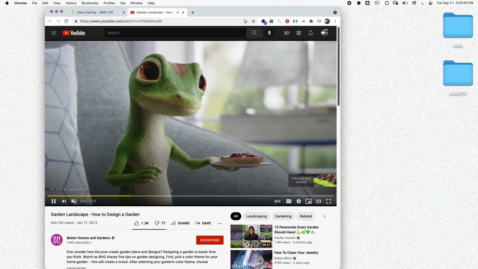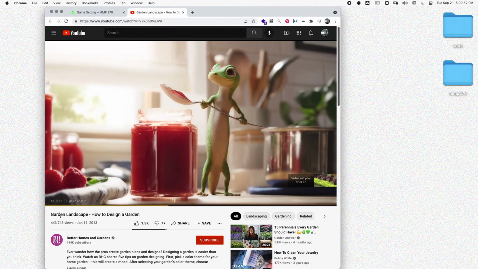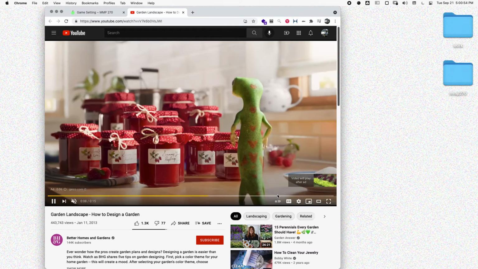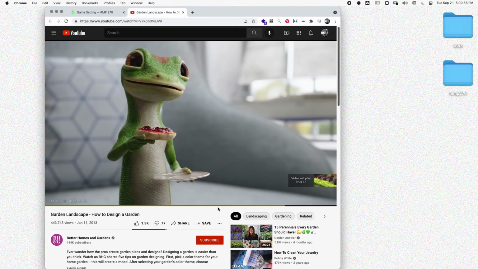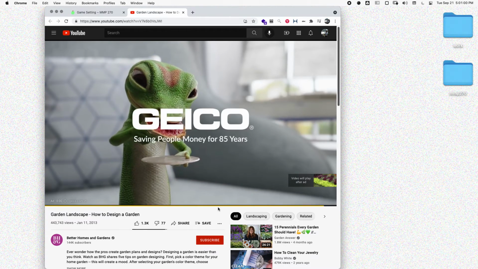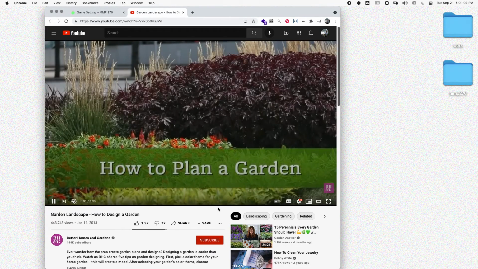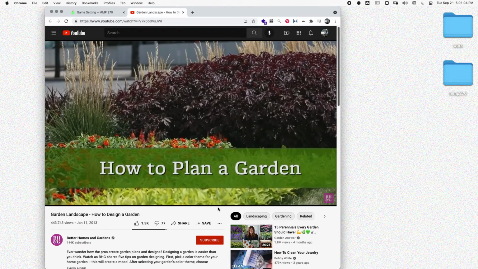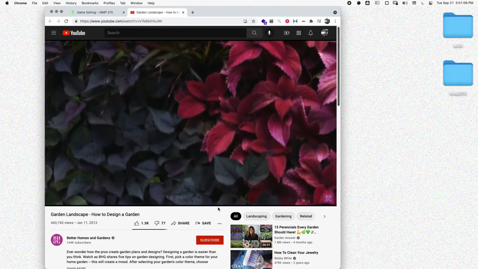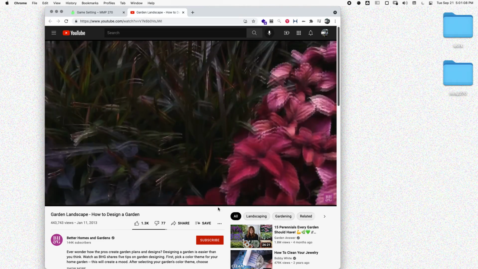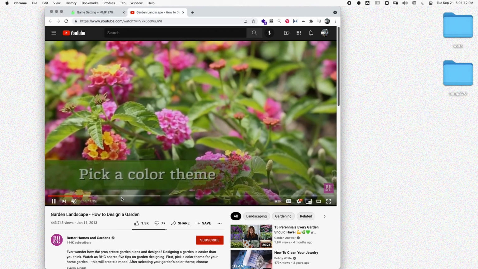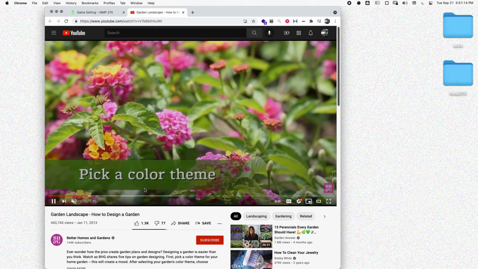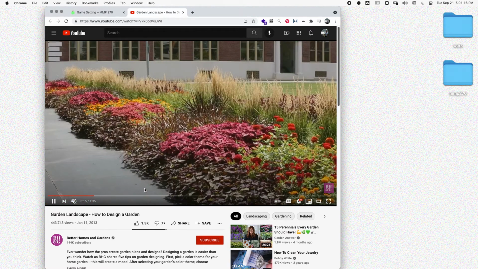Another one is landscape and garden design, which is actually really useful for thinking about some of the same aspects, like what colors to use, how to balance your color, and architecture, like how to set things up so it's easy to understand where things are, like where the important parts of the world are. All these different things that go into designing a garden are very similar to designing the scene for a game.